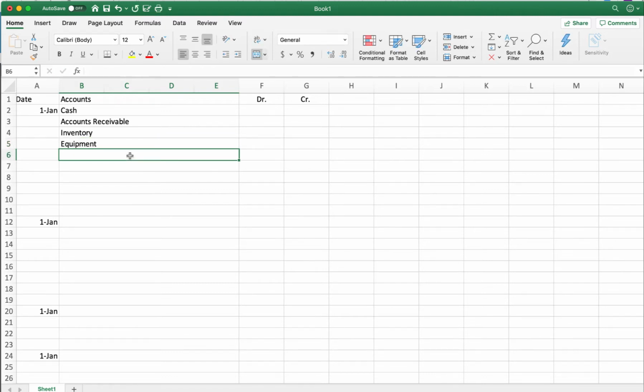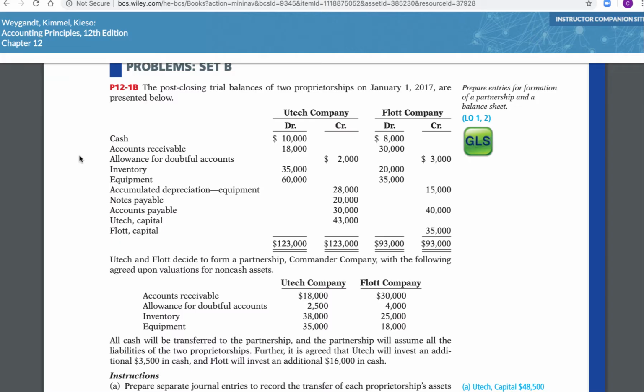We're transferring the liabilities from the UTech proprietorship into this new partnership. So I need to indent and list out my liabilities.